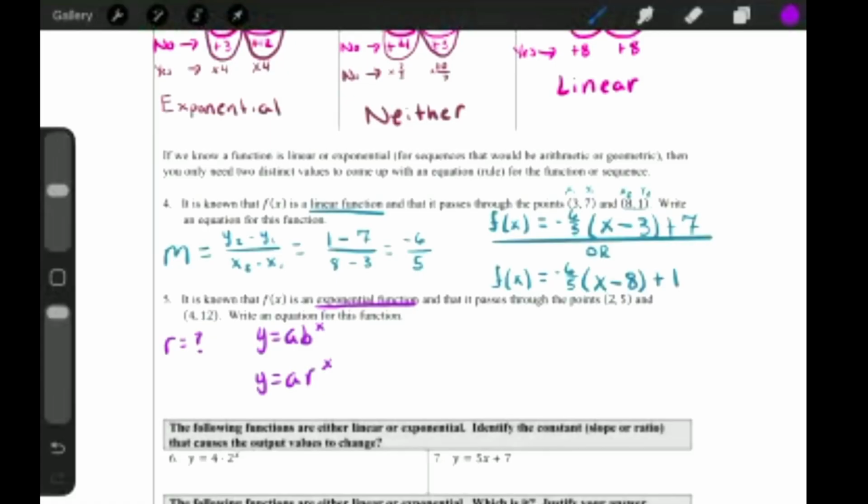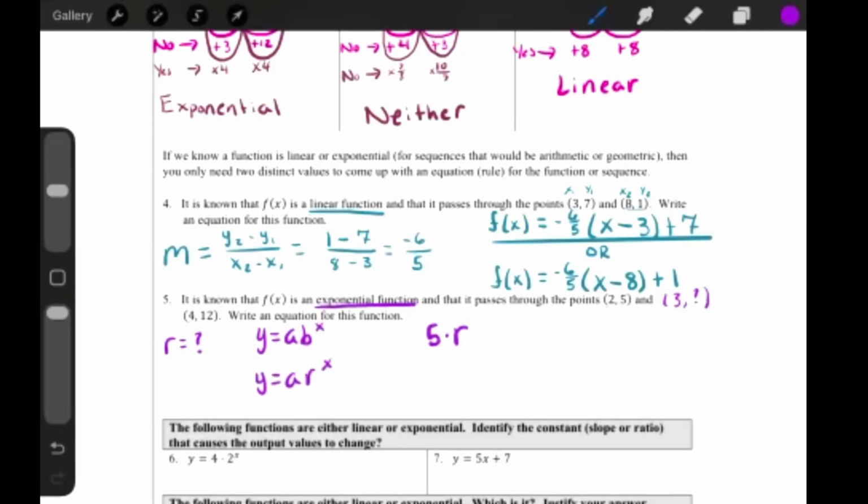Okay, so we do have our x and we do have our y. Our x is 2, our y is 5, and then we have a jump, and then we have 4, and then we have 12. Well, we need to find our r. We know that if we have 5 and we multiply it by some r, that would get us to the point 3 comma whatever our y would be in that instance.